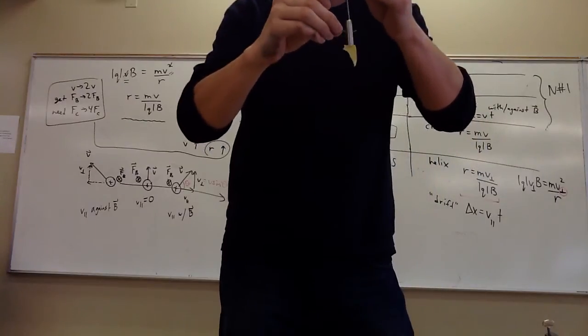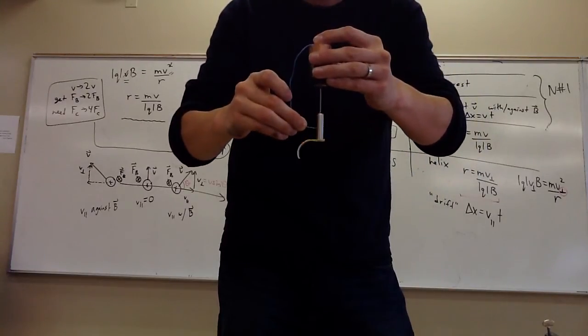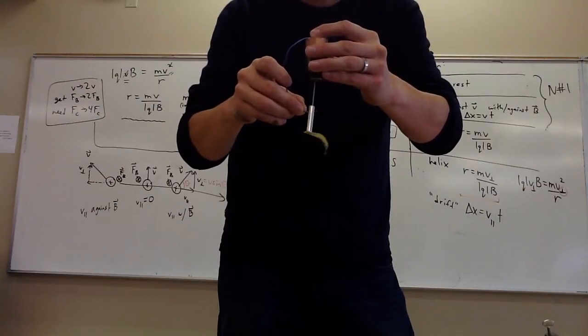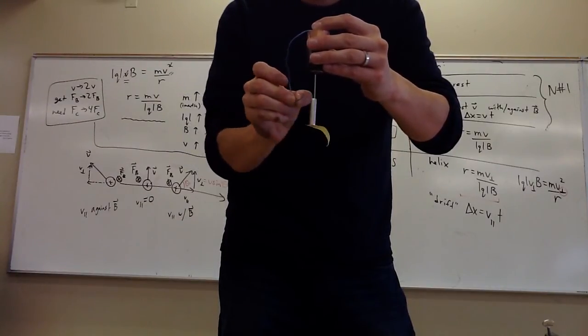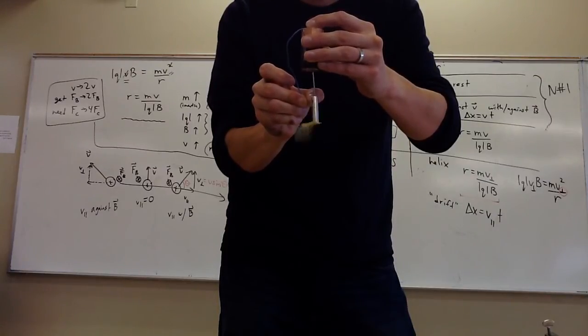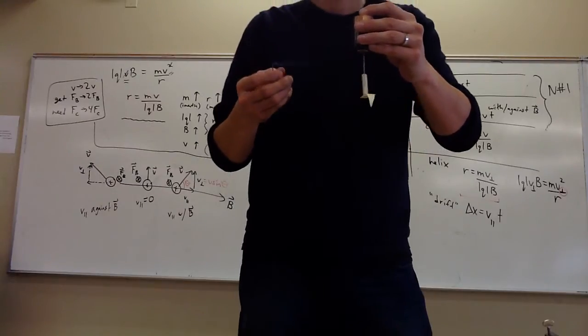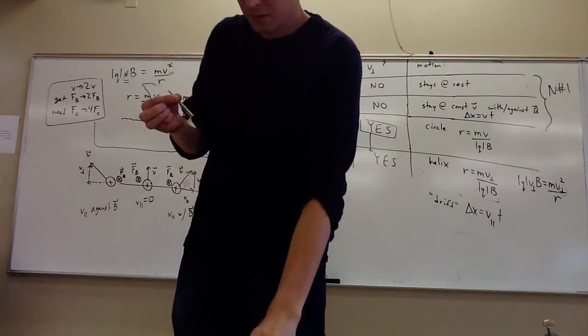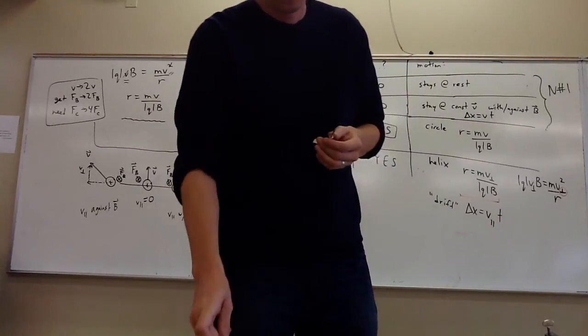So let me try it again here. And try to make good contact. If I can do this, I can get it to go pretty fast. See it? Okay. So you can make that at home. You probably have this little piece of wire.